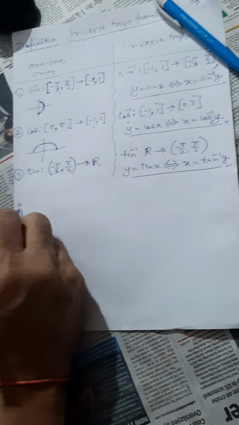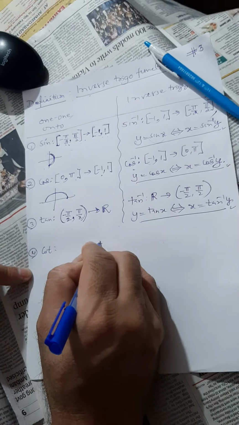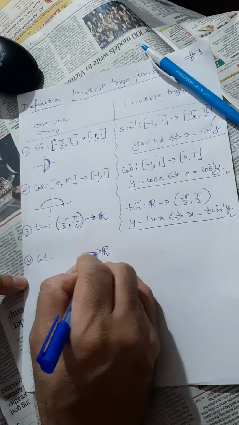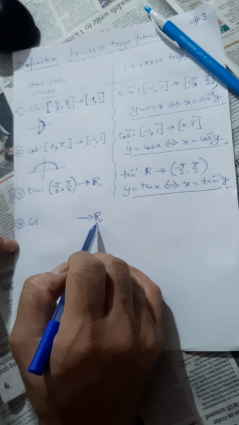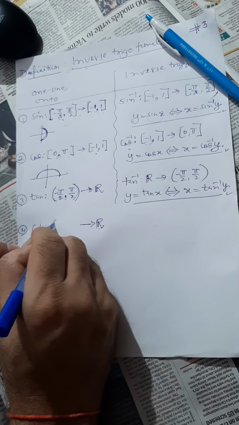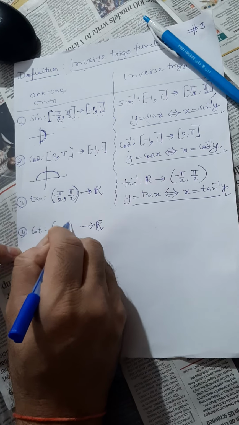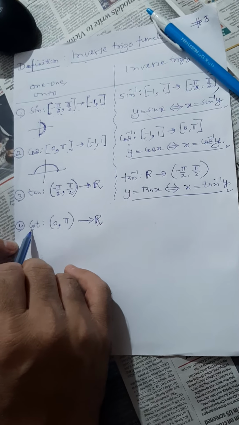Same way for the cot function. Cot is a function where the codomain is all real numbers because the range is R. So when you take R here, it becomes onto. And the domain is the same as for the cos function but the open interval 0 to pi. Why open interval? Because at pi cot is undefined, and at 0 cot is undefined.